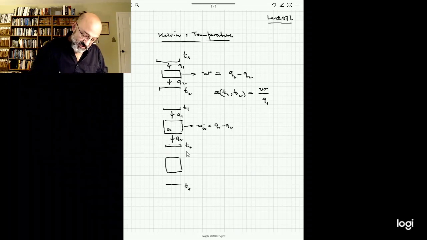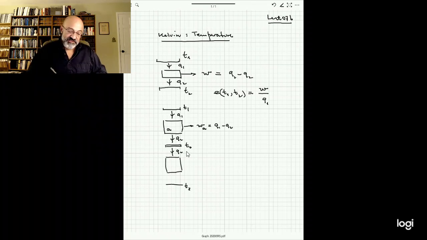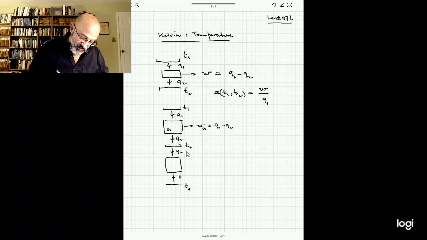And then from the same Q2, from T2 down, here you have Q3, and this produces an amount of work WB, which is Q2 minus Q3.